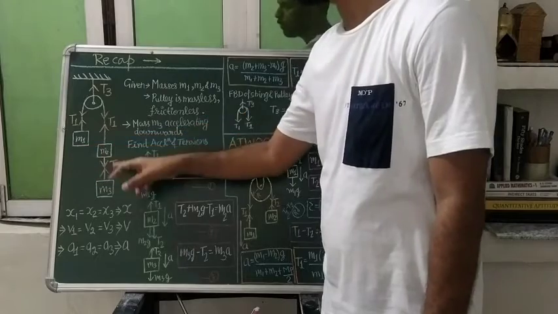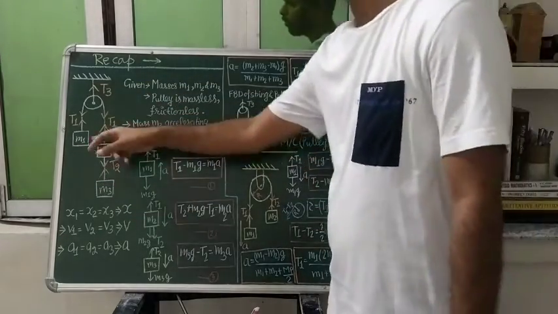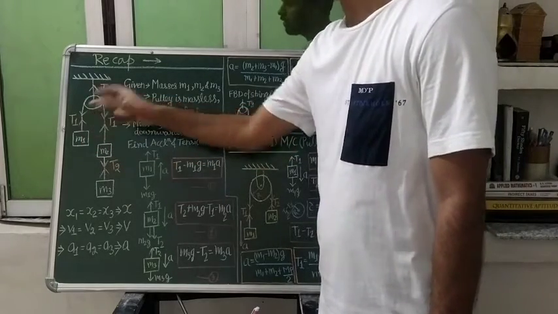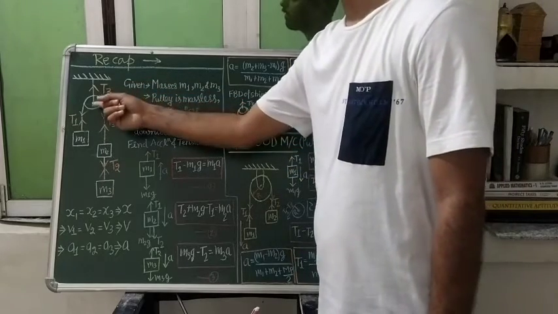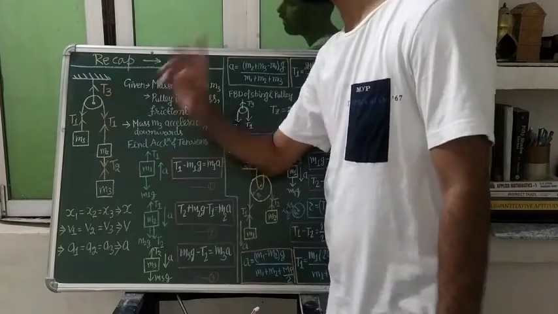Masses M1, M2 and M3 are arranged in this way. Here is only one string which is moving on this pulley, and it is massless and frictionless. Here is another string, and here is a different string.